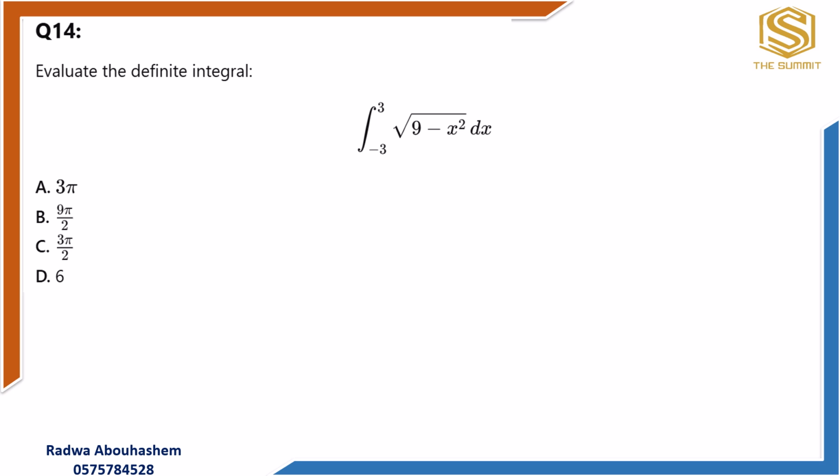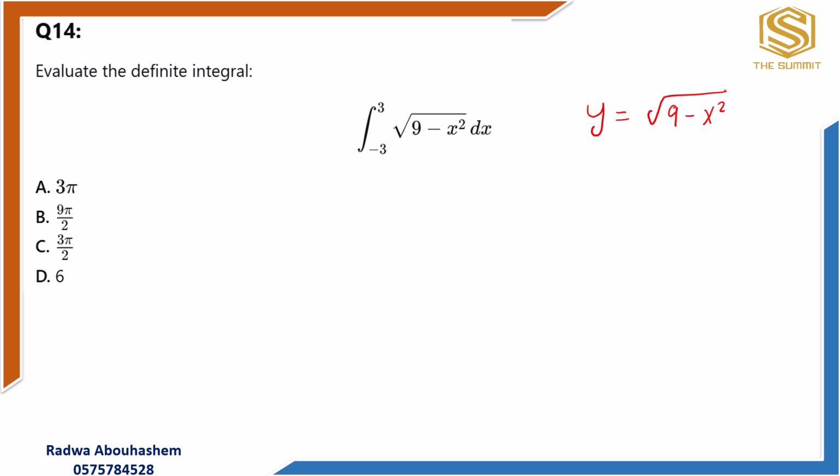Evaluate the definite integral. Okay, now you didn't take any rule for integrating a square root or something else rather than the power rule. Actually, this is advanced integration, and there is no need to know about it now because it's not included in your curriculum. So I will just give you a hint on how you could solve this one. This is a function, right? y equals the square root of 9 minus x power 2, right?